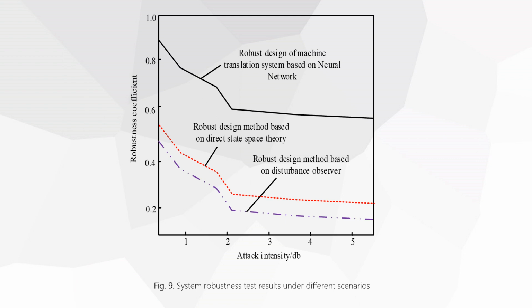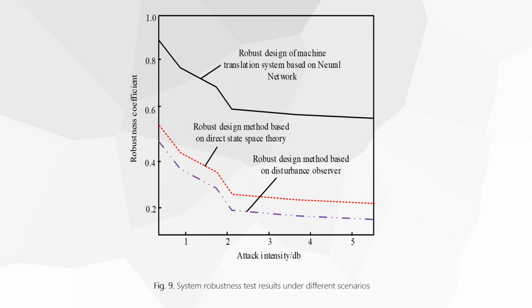It can be seen from Figure 9 that the higher the attack intensity in the system operating environment, the lower the system robustness coefficient. The robust design method of the convolutional neural network-based machine translation system applying the optimal design has higher load robustness coefficients and recovery robustness coefficients compared with the traditional robust design method.